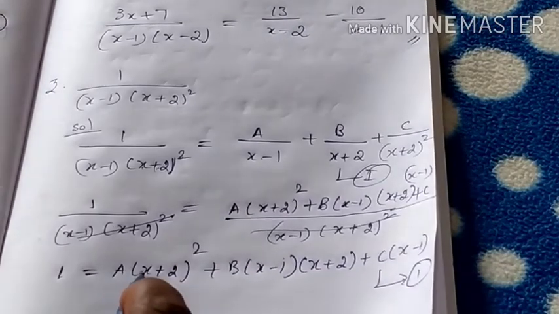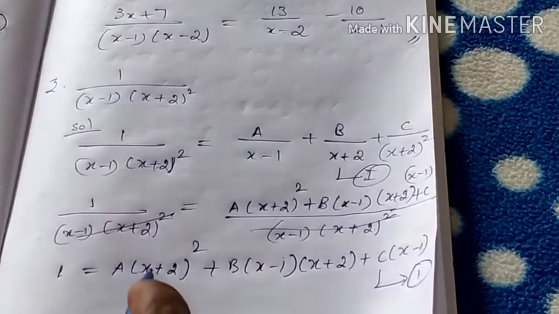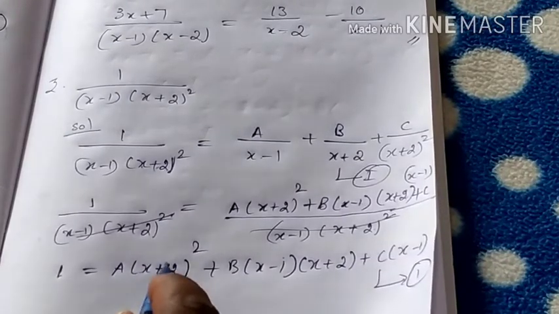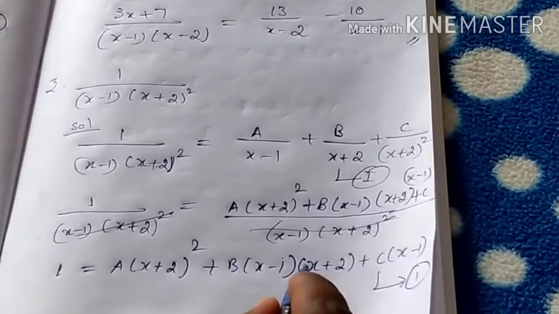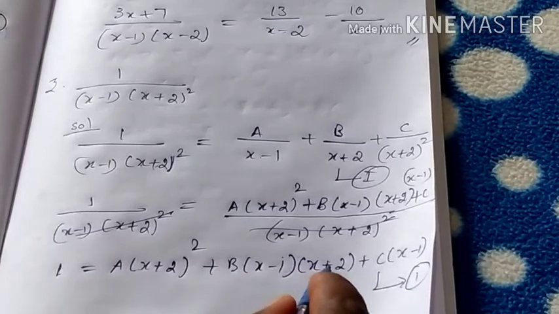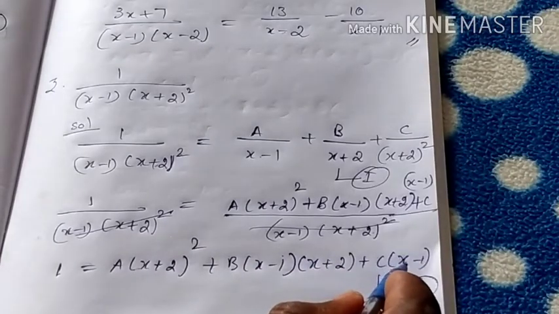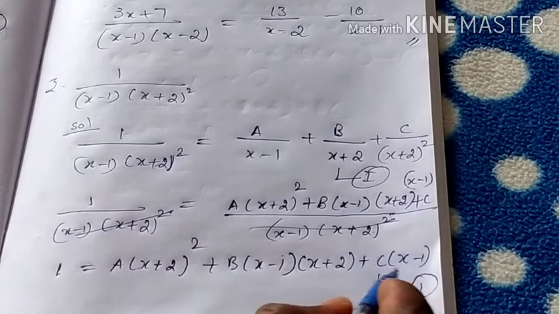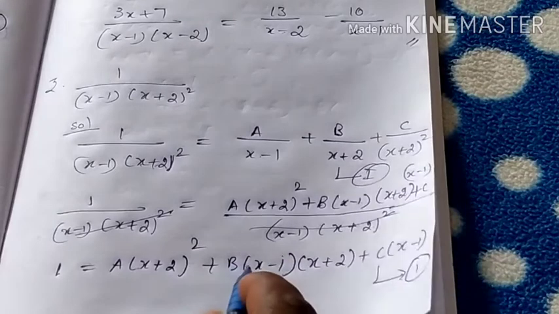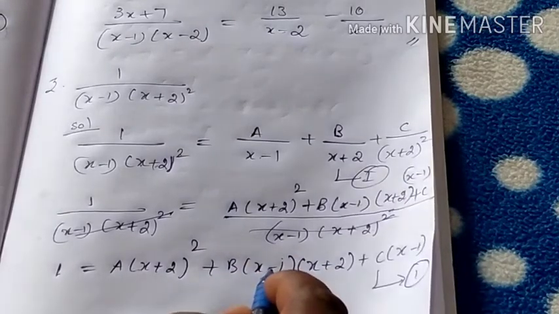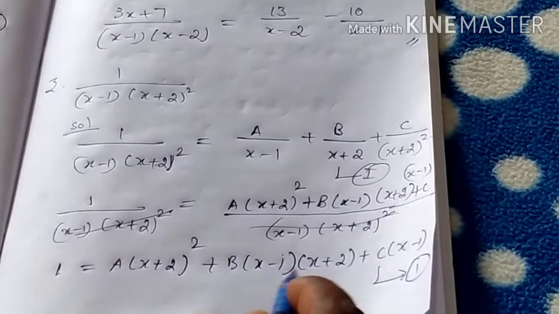When we put x equal to minus 2, we get the value of c, because x plus 2 is there, so minus 2 plus 2 is 0, so the a term is fully 0, and in b also x plus 2 is there, so b into 0 is 0, so finally we get the value of c. When two values are found, directly put x equal to 0 and we find the third value, b. Have you understood? One by one we do.